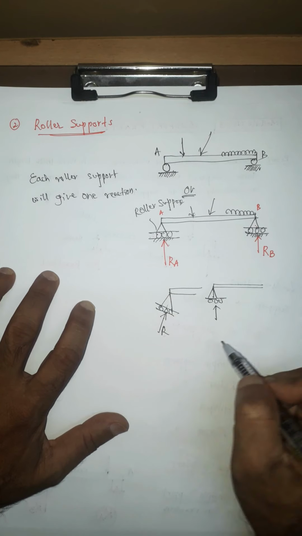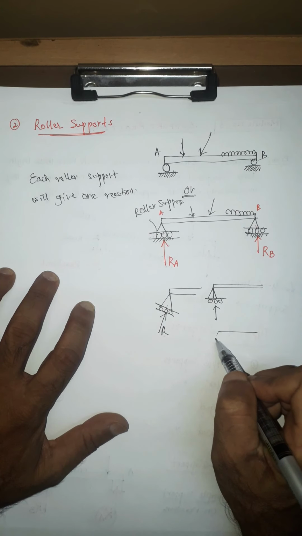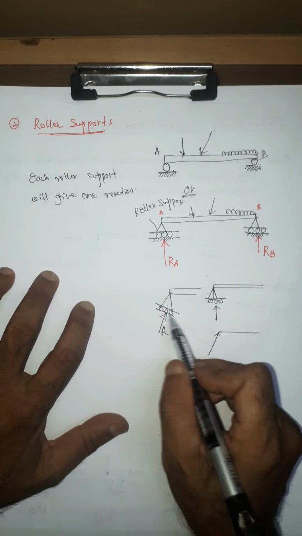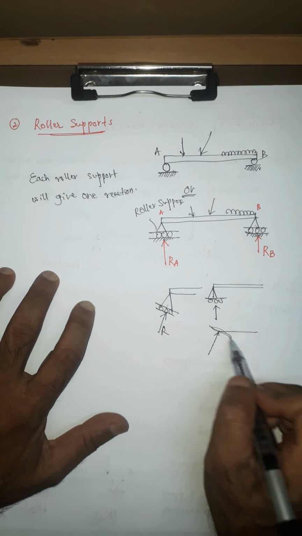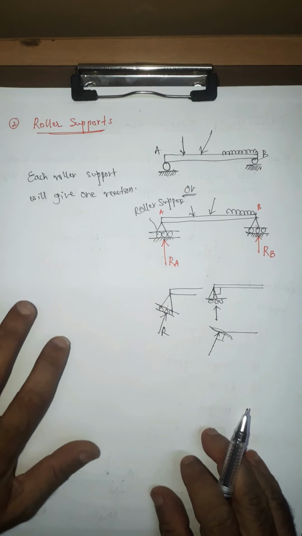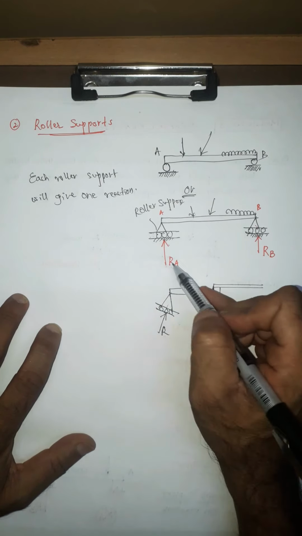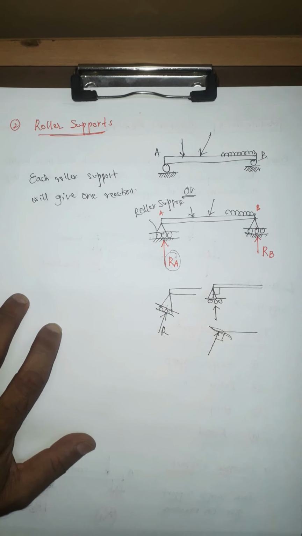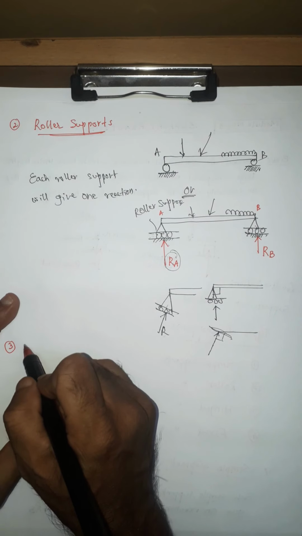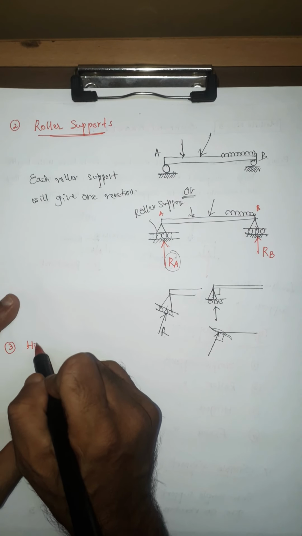Always it is perpendicular to the surface. This is 90 degrees, you have to remember that. So each roller support will give one reaction.